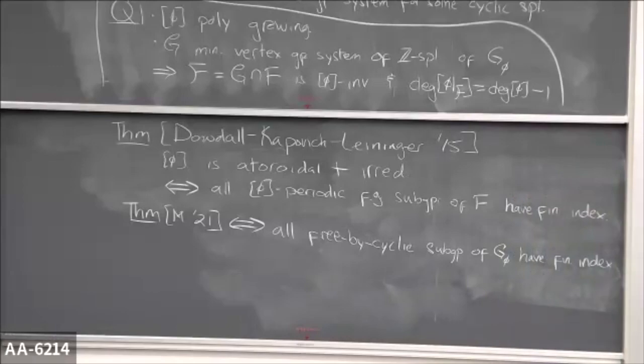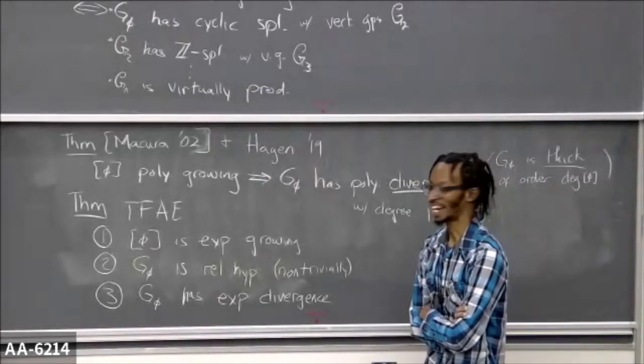When G phi is relatively hyperbolic, what are the peripheral subgroups? Well, you can have lots, right?